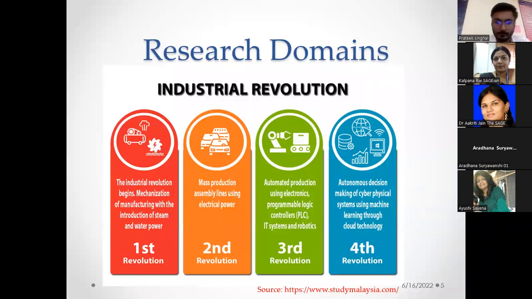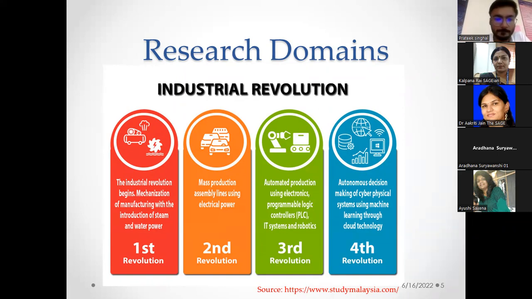Until and unless you have knowledge of what is currently going on, the current scenario of your field, you can't proceed with a specific topic, or you can't select the proper topic. So this is your first duty, to be acquainted with the knowledge of your research area. You need to search for the recent trends going on in the market.